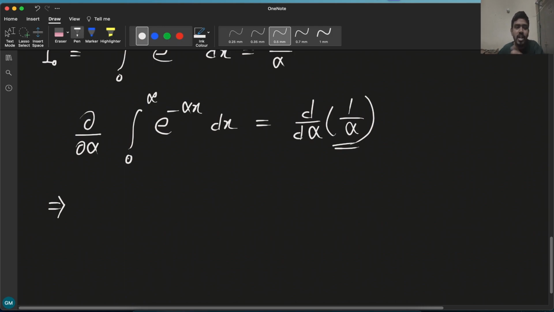Then if I do this derivative, here the integration is with respect to x, and I am doing the derivative with respect to alpha. So I can take this derivative inside the integral 0 to infinity.